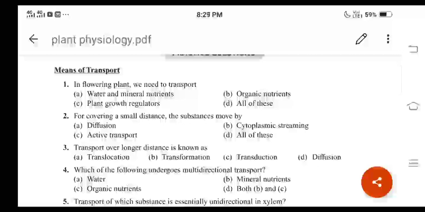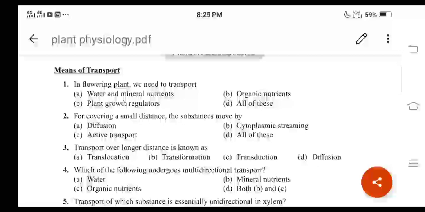Then let us go for next question. Second one. For covering a small distance, the substances move by, right? What are the different processes involved here? One is diffusion, then second one is cytoplasmic streaming, then third one is active transport, then fourth one is all of these, right?